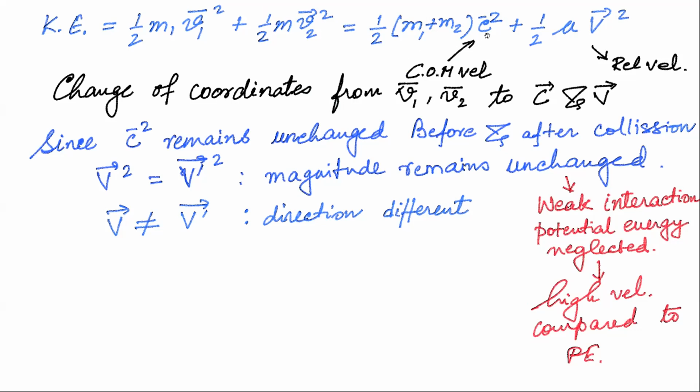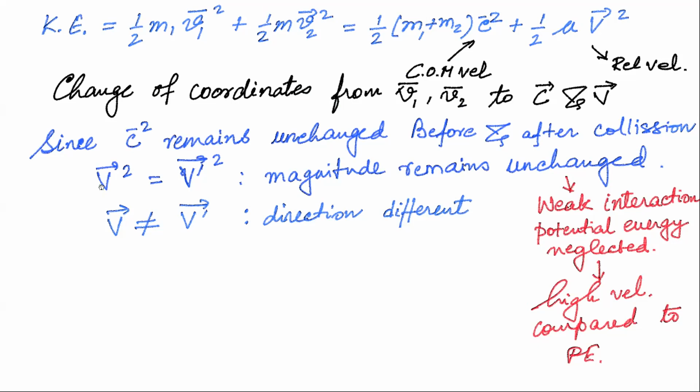The center of mass velocity remains unchanged, which means that the relative velocity squared after the collision is going to remain unchanged.